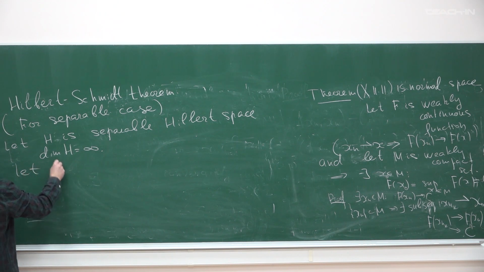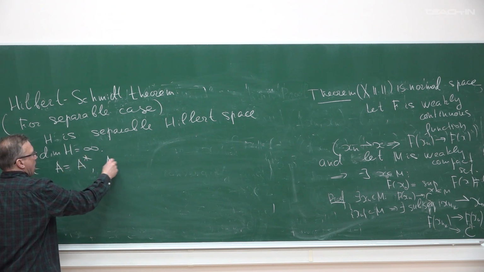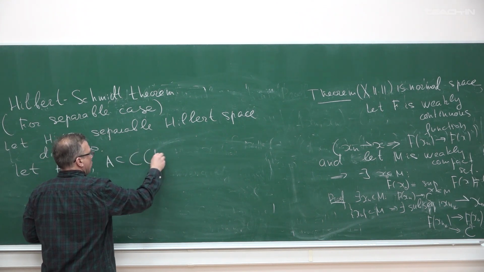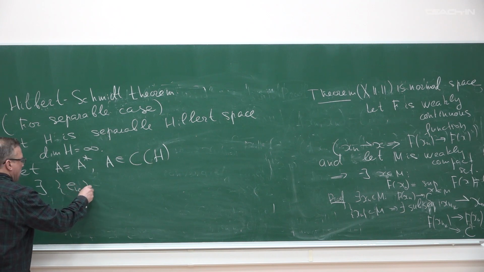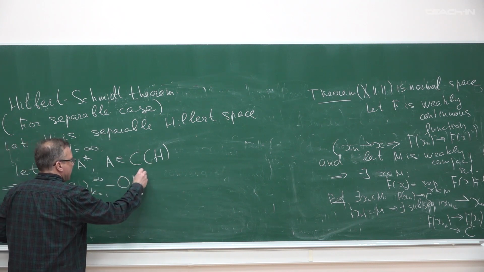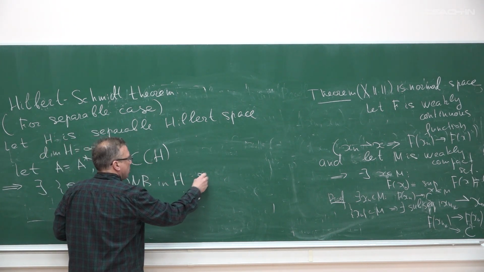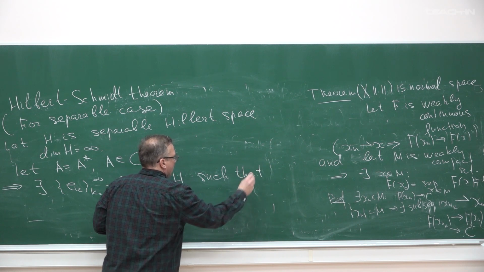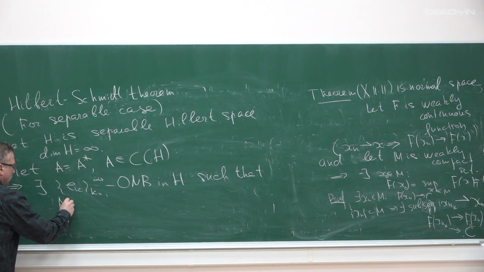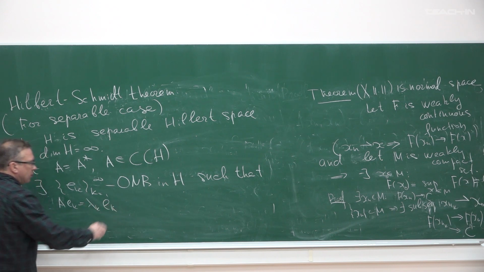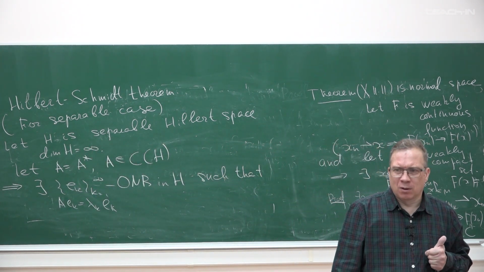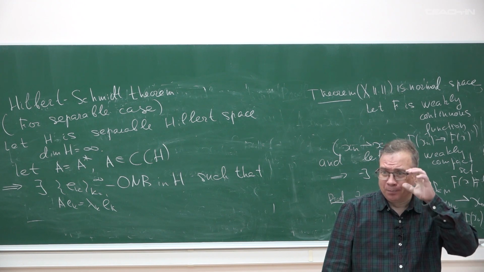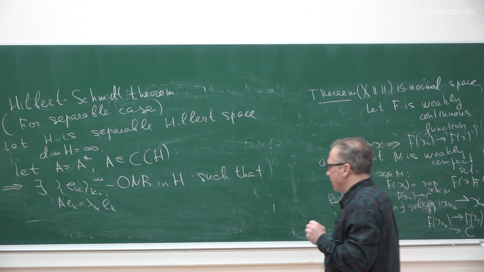Let A be self-adjoint and a compact operator in H. Then there exists en, an orthonormal basis in H, such that it consists of eigenvectors.